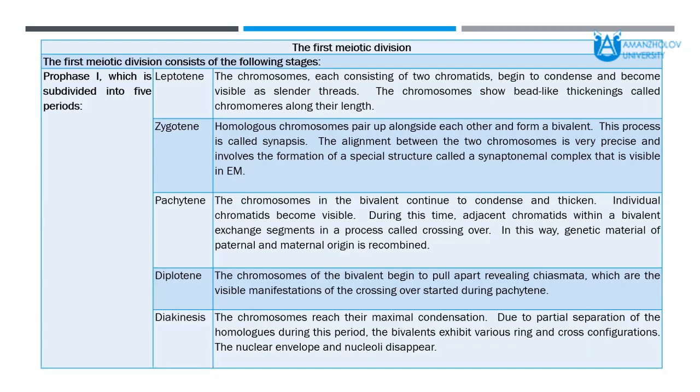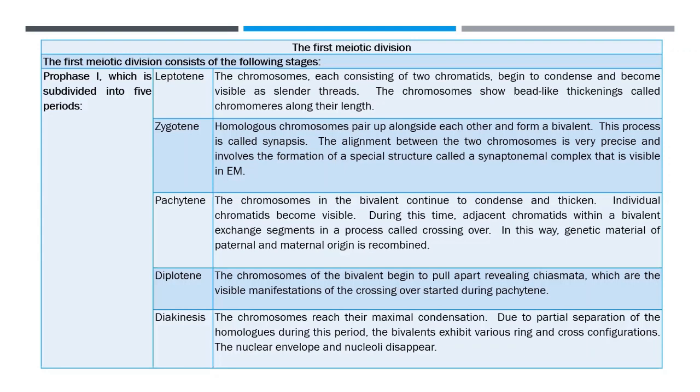During this time, adjacent chromatids within a bivalent exchange segments in a process called crossing over. In this way, genetic material of paternal and maternal origin is recombined. In diplotene, the chromosomes of the bivalent begin to pull apart, revealing chiasmata, which are the visible manifestations of the crossing over started during pachytene.